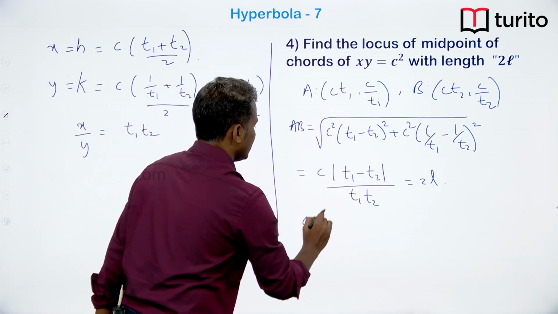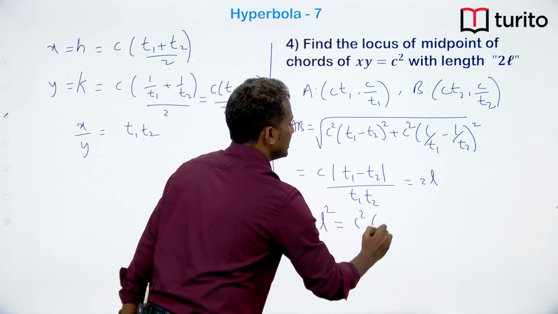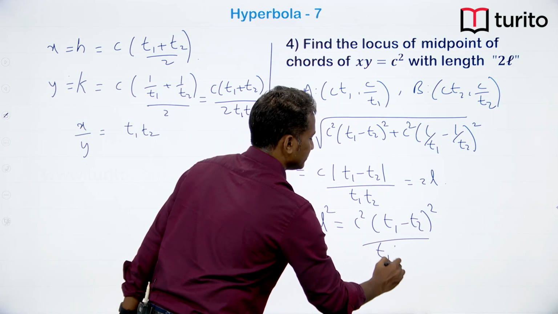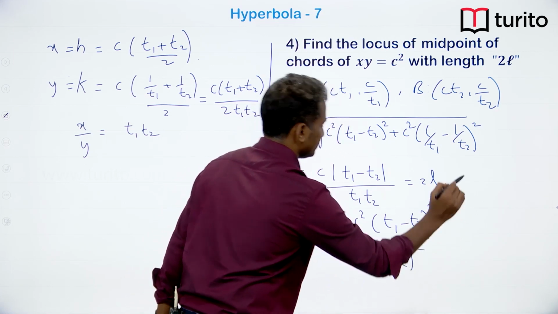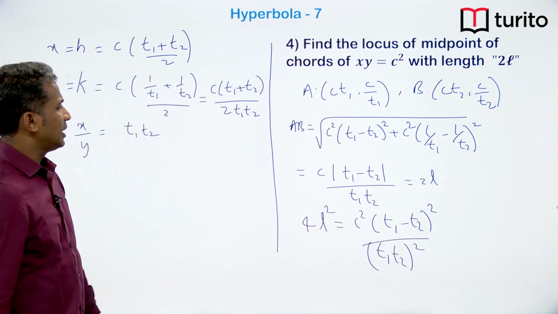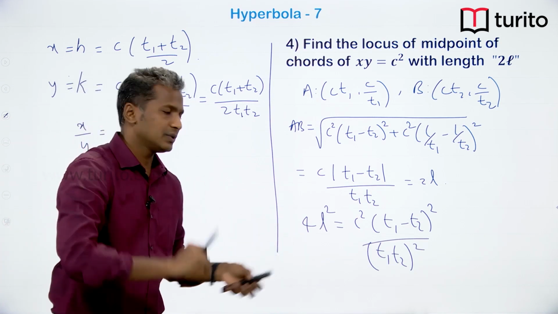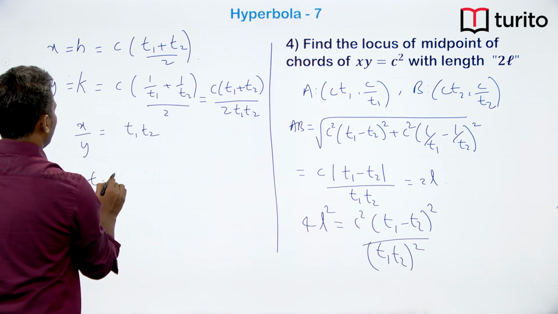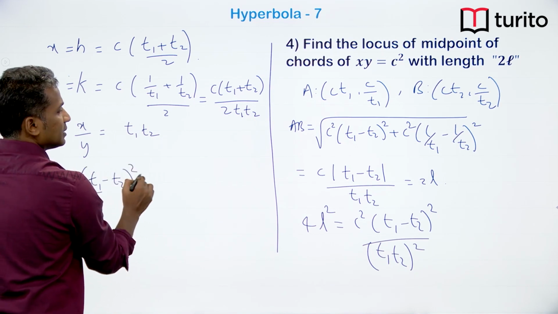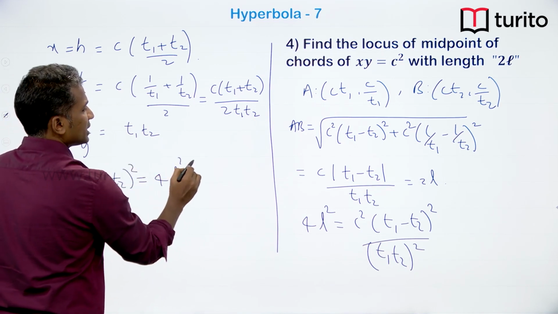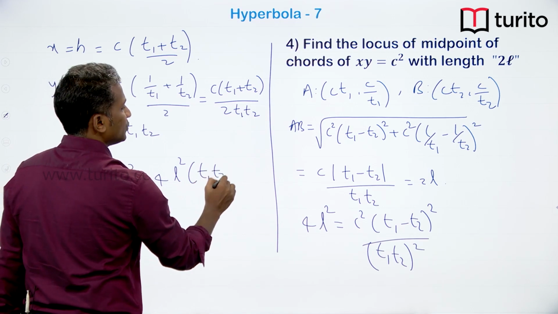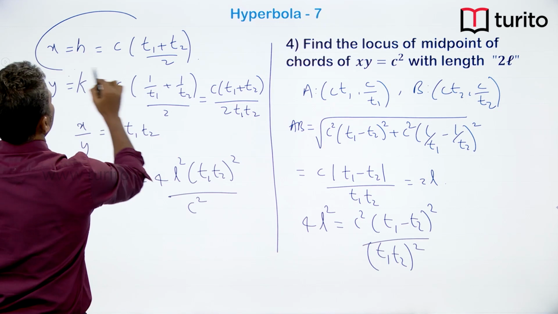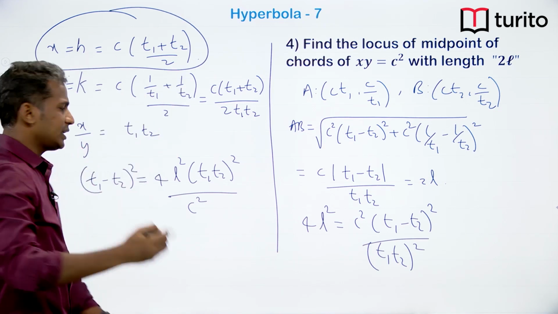As I said earlier, we will decide what to do with this at a later stage, and now we have decided. So let us just get this and substitute. What should we get for (t1 minus t2) whole square? We will write it as 4l square into (t1 t2) whole square by c square, and also from here you can directly get t1 plus t2.